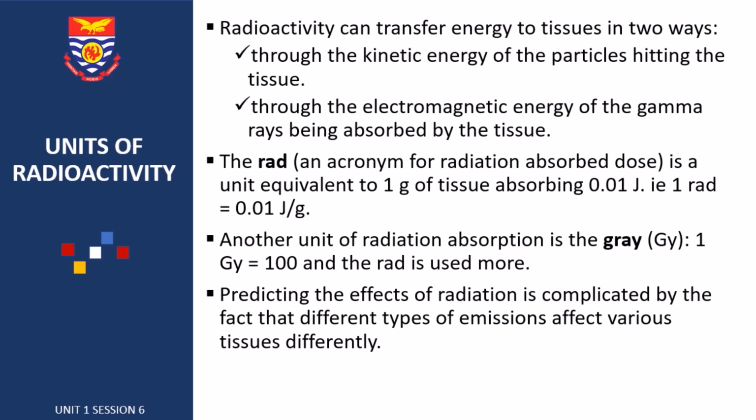So that's the unit that is used to measure the amount of energy that the tissue is absorbing from the radioactive substances. Now this 1 rad, even if absorbed by the tissues, could be more dangerous than you could ever imagine.